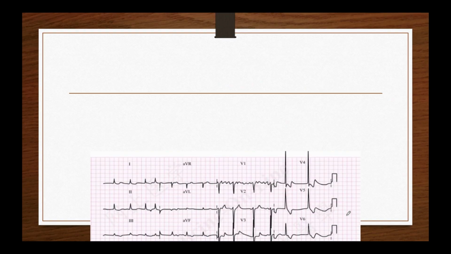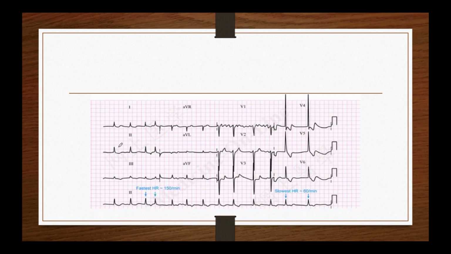In this example, we can count 1, 2, 3, 4, 5, 6, 7, 8, 9, 10, 11, 12. We are counting 13. I think I missed one. We can count 13 across the whole strip. So over here we have 1, 2, 3, 4, 5, 6, 7, 8, 9, 10, 11, 12, 13.